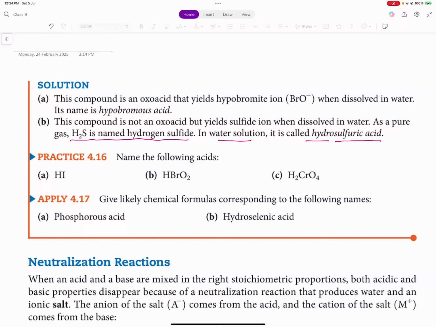Hydroiodic acid, okay, and bromous acid, okay, bromic acid, okay, CPO3, H2.